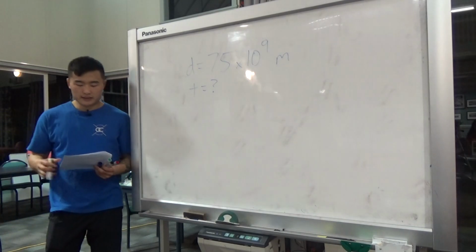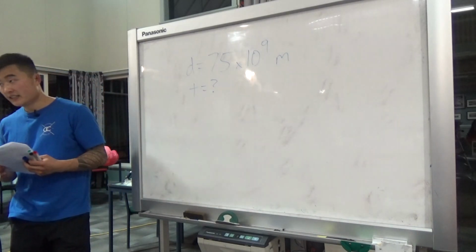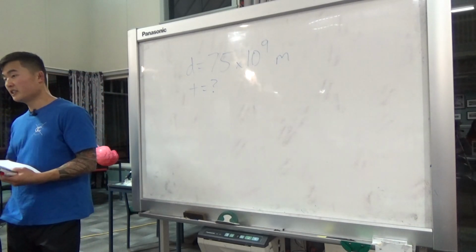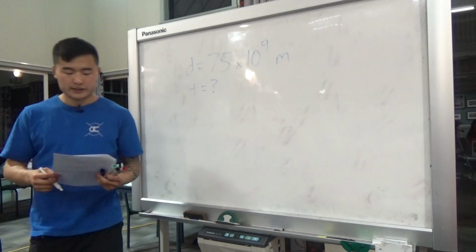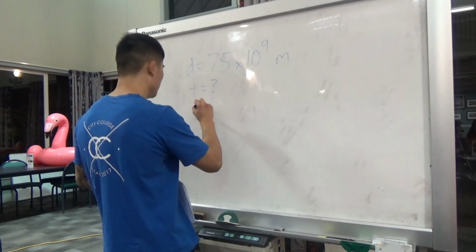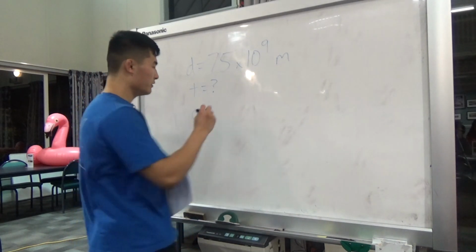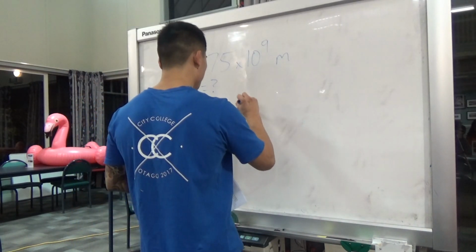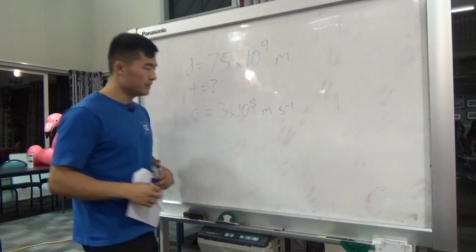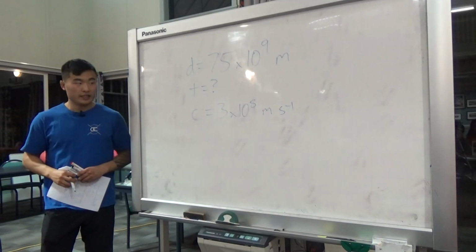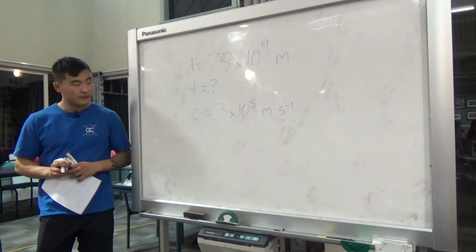And since it is light that is traveling, we know the velocity of light in vacuum or air, that's going to be 3 times 10 to the 8 meters per second. So you have the distance, time, and velocity.